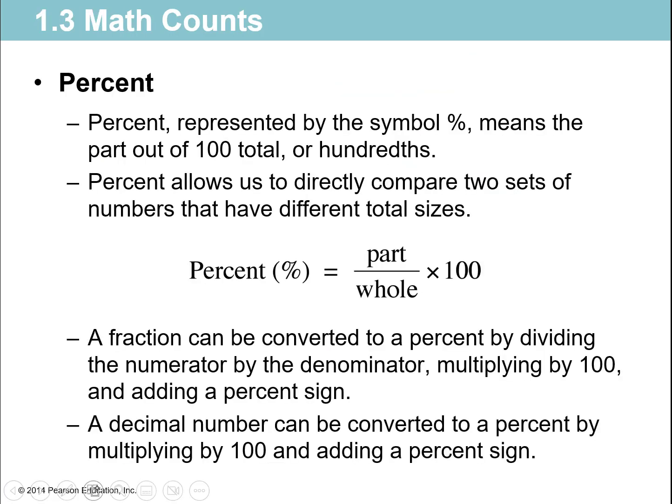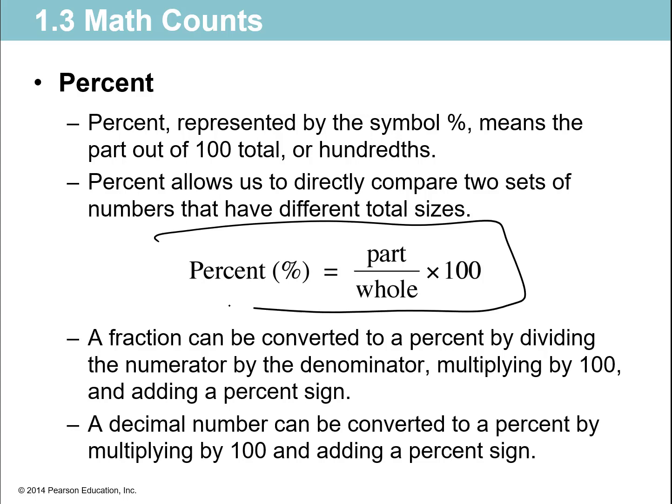So two applications of this, one is percent, the other one is density. Percent is used as a way of showing you how you would round, because most people know what percent is. Most people know, like, if they get an 80% on a test, that means they got 80 out of 100 questions right. So percent, by definition, is how much you got divided by the total, or the whole amount, and you multiply that answer times 100.